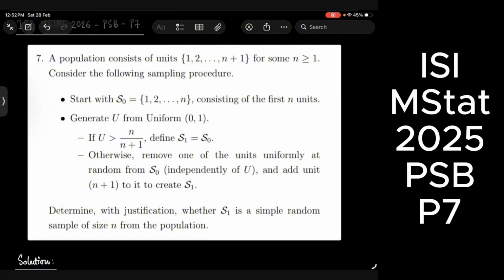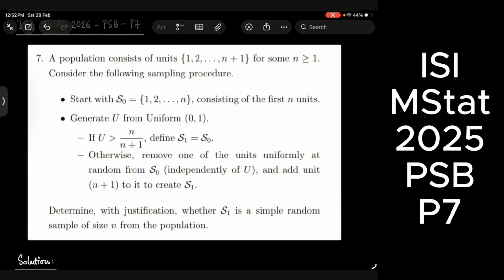I don't know much about the random sampling procedure, but I know that simple random sampling means every unit has equal probability of selection. So every possible combination has similar probability to come.